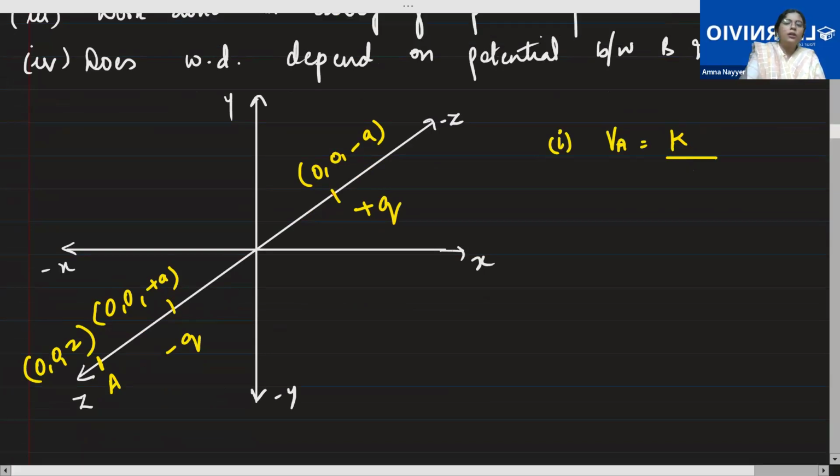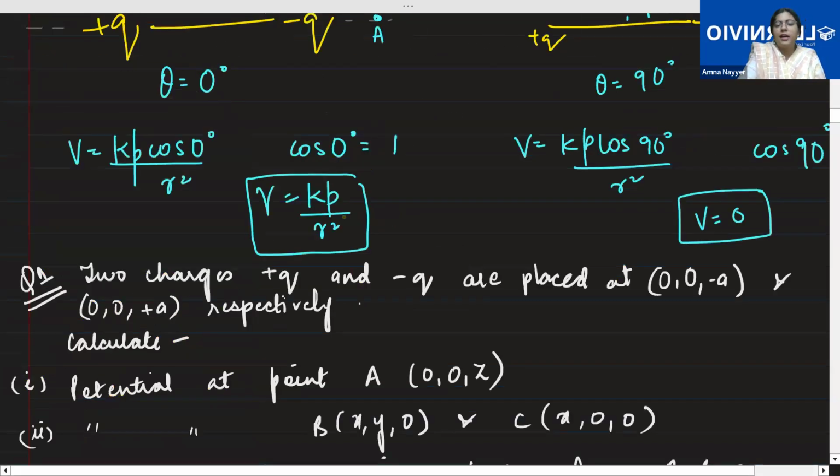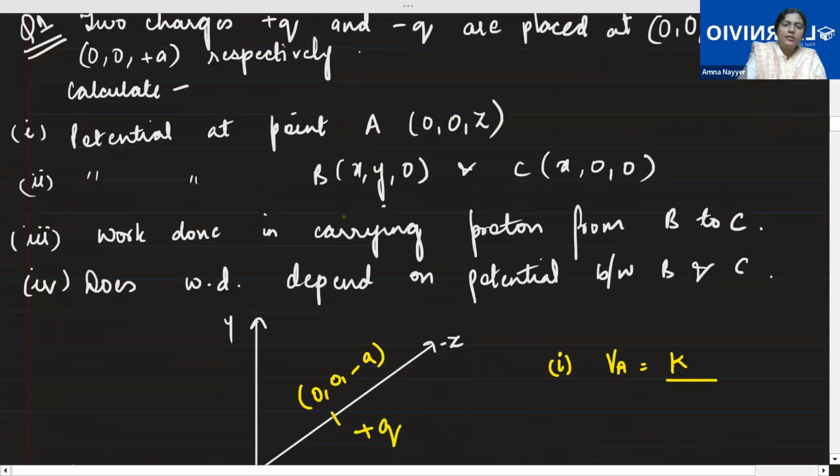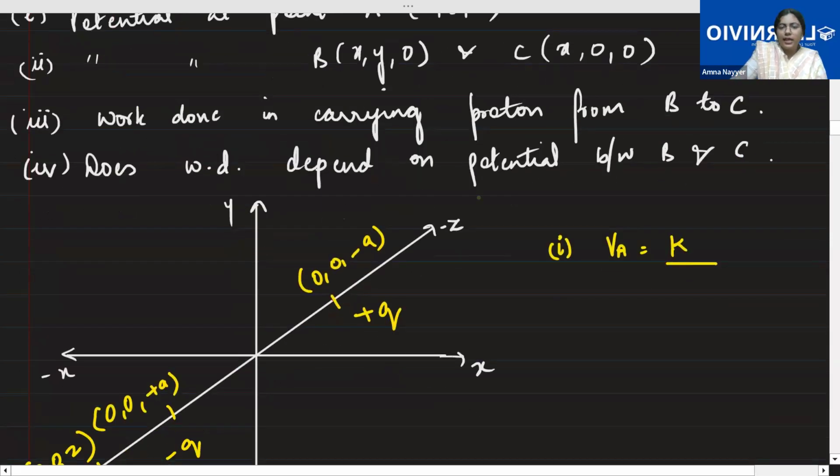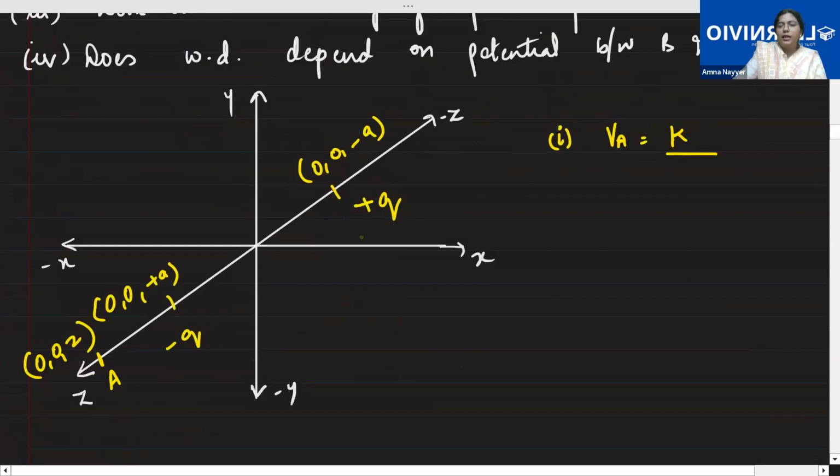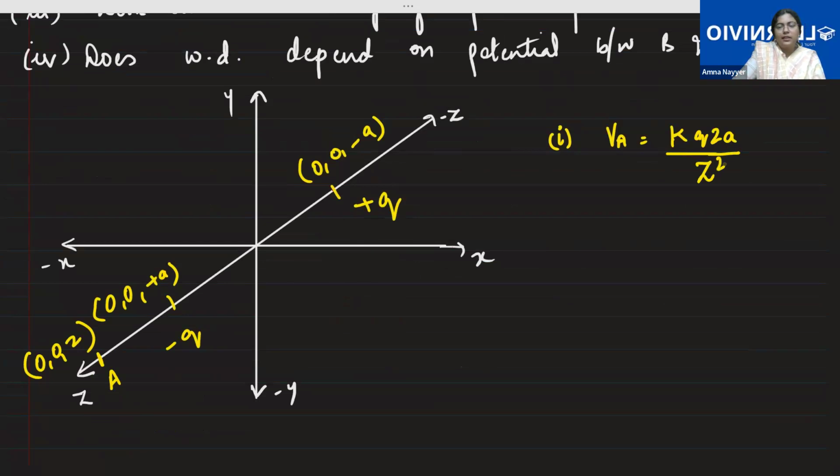This formula we have studied, Kp by R square. You can apply it directly here. For P, you can write Q into 2A. So Kp by R square, so Z square.